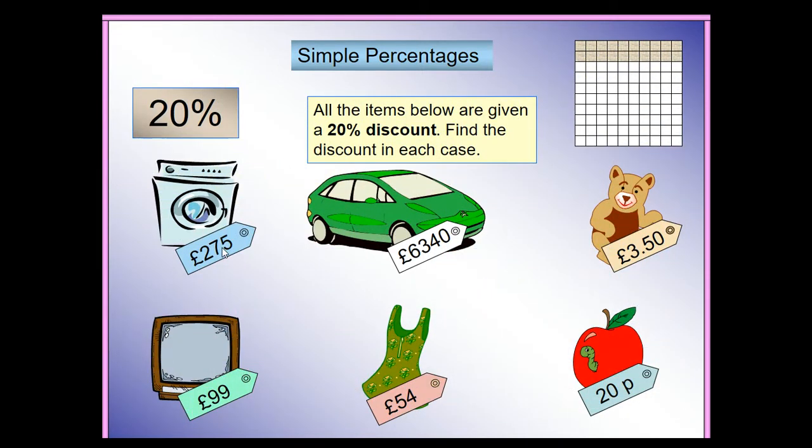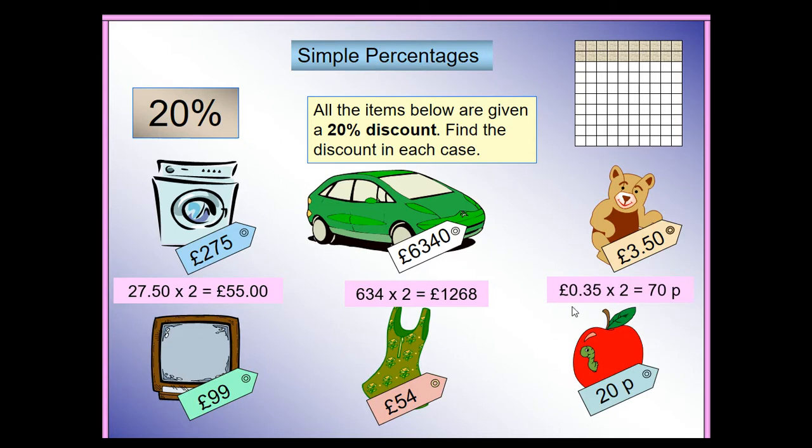So let's go, 10% is 27.50, what's 2 of those? So what's 2 27s, or 2 50 pences, whatever way you want to do it, and I get £55. What's 10%? 634, so what's double that? 1,268. 10% is 35, double it is 70p.